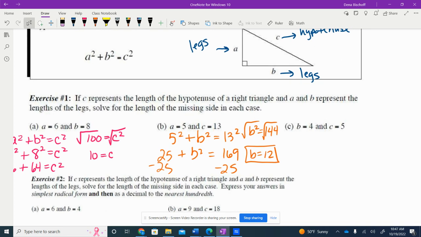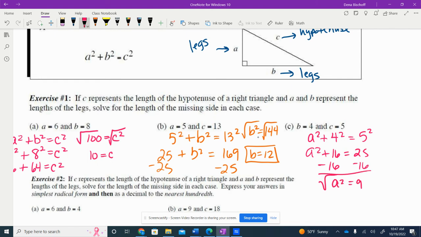All right, example C. A squared plus 4 squared equals 5 squared. A squared plus 16 equals 25. When I subtract 16 from both sides, I have that a squared equals 9. When I take the square root of both sides, I find out that a equals 3.